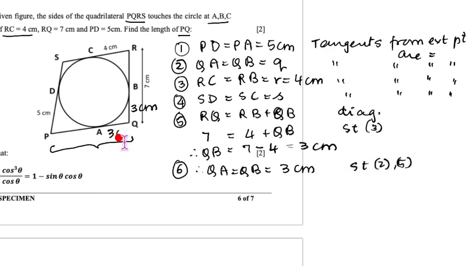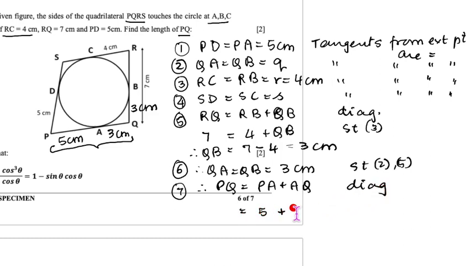How much is PA and PD? 5 centimeter. So we already know this is 5 centimeter. So our seventh statement will be: therefore PQ equal to PA plus AQ. This is because of the diagram, and PA will be 5 centimeter, AQ is 3 centimeter. So that gives us 8 centimeter, and that is our answer.